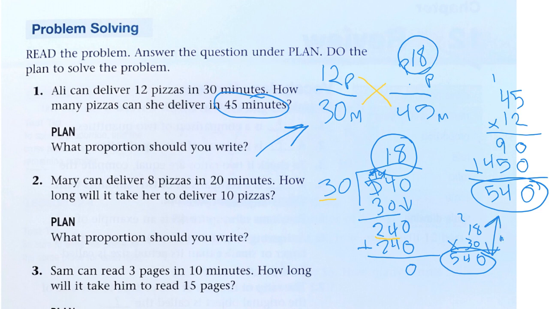So we've got our way to read a word problem, create the ratios, find what's missing in the proportion, find your cross multiplication to get the cross product, then do the division to finally figure out what that missing amount is. And then the last step is you can check.